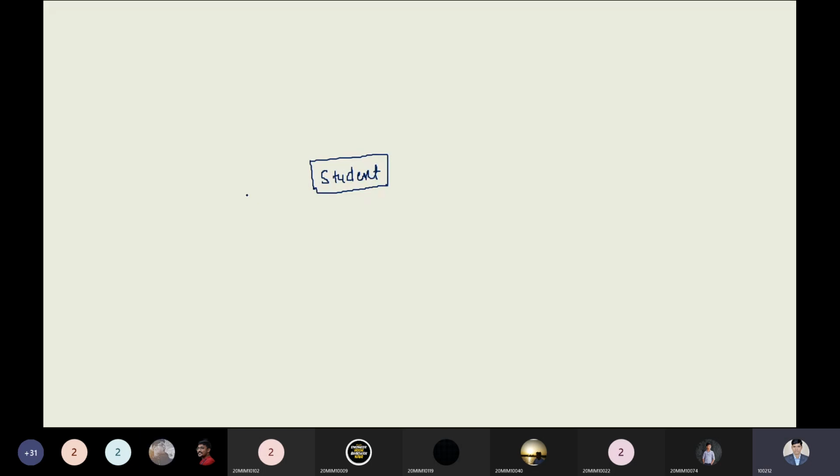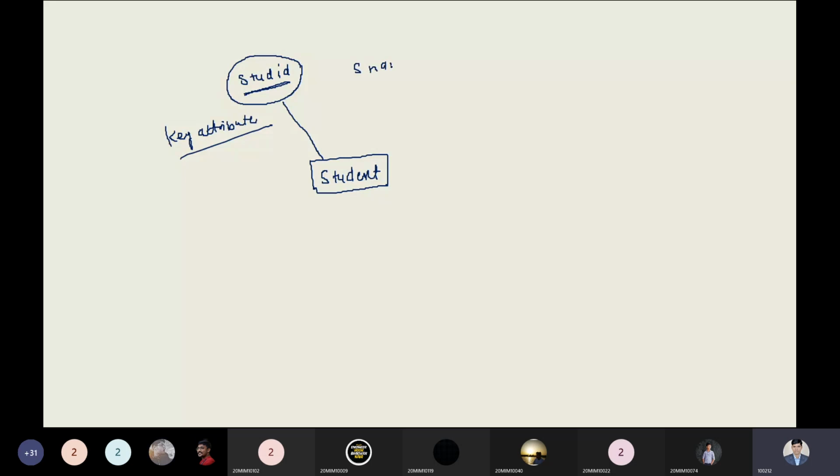Okay, good. So student roll number, student ID, this will be the key attribute. So I can make this attribute a key attribute. Can I say this is a key attribute? Yes, sir.